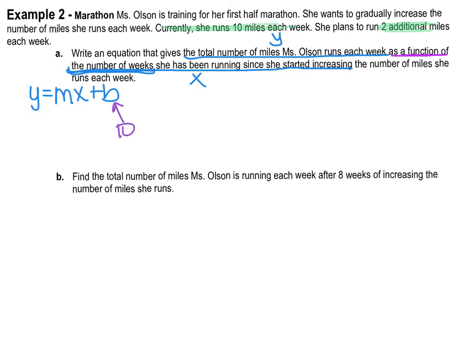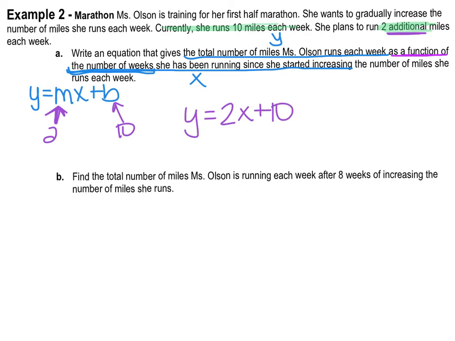The change, so in this case we have another word to add to that list, is "additional." So if you have each, per, additional, that is your slope. So if I put this all together, y equals 2x plus 10.